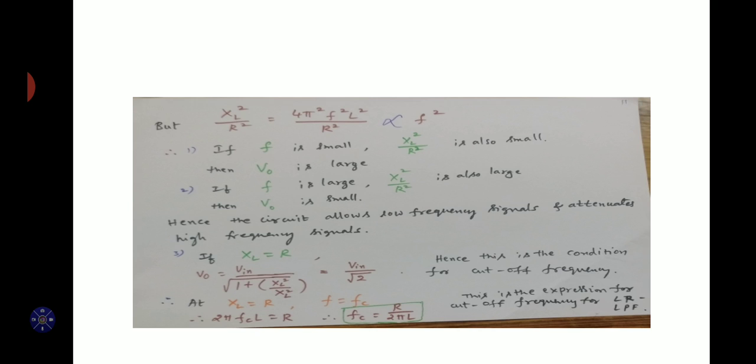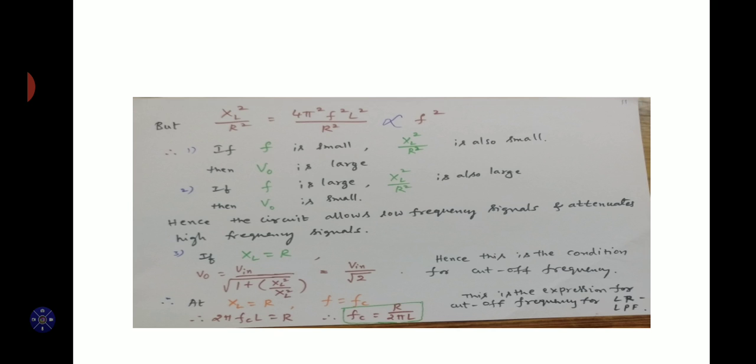Similarly, like the previous RC low pass filter, here also we can discuss the 3 different cases. First case is for lower frequencies. When frequency is small, XL square by R square is also small, because XL square by R square is proportional to F square. Therefore, if F is small, XL square by R square is also small.